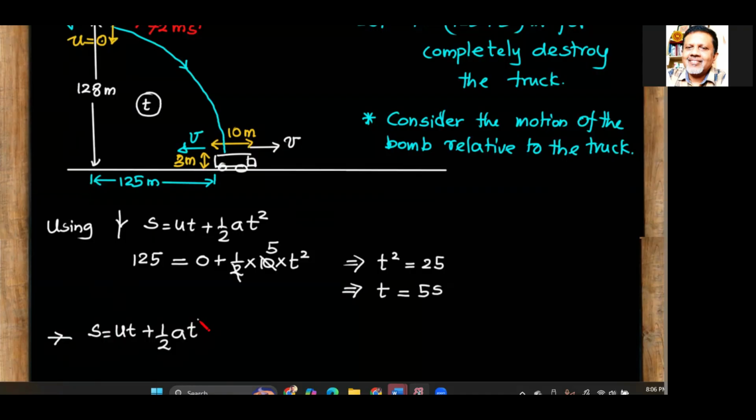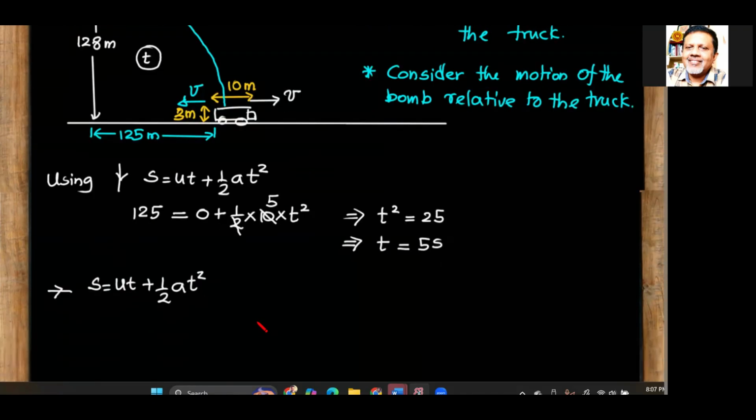But we know that there is no horizontal acceleration under gravity. Therefore, we only have the s equals ut term, right? So the distance should be 130 for complete destruction of the truck.